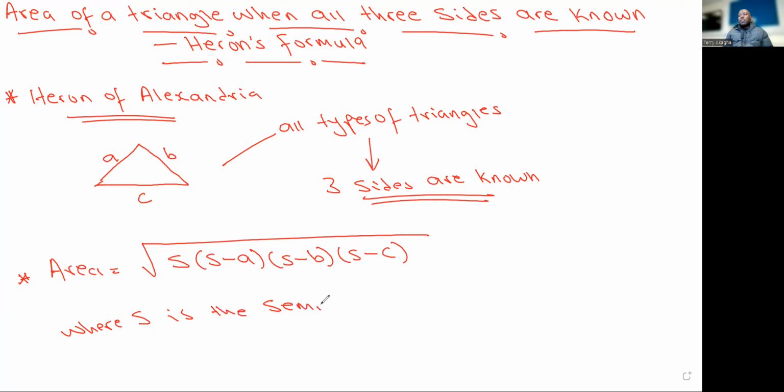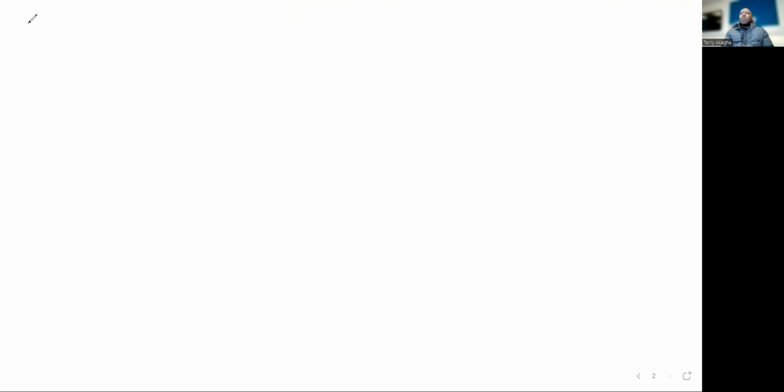The formula for s is equal to a plus b plus c divided by 2. So to find the area is the square root of s(s minus a)(s minus b)(s minus c), where a, b, and c are the sides of the triangle, and where s is the semi-perimeter. Okay, so how do you solve this?